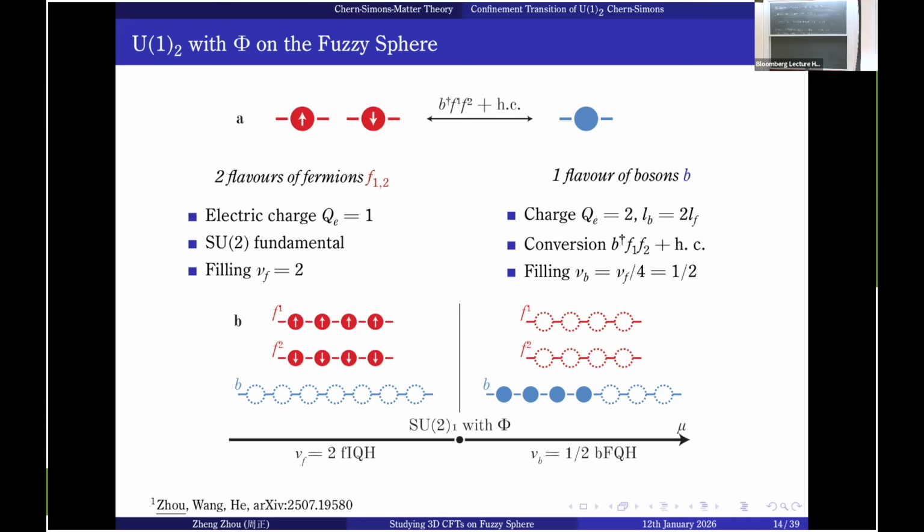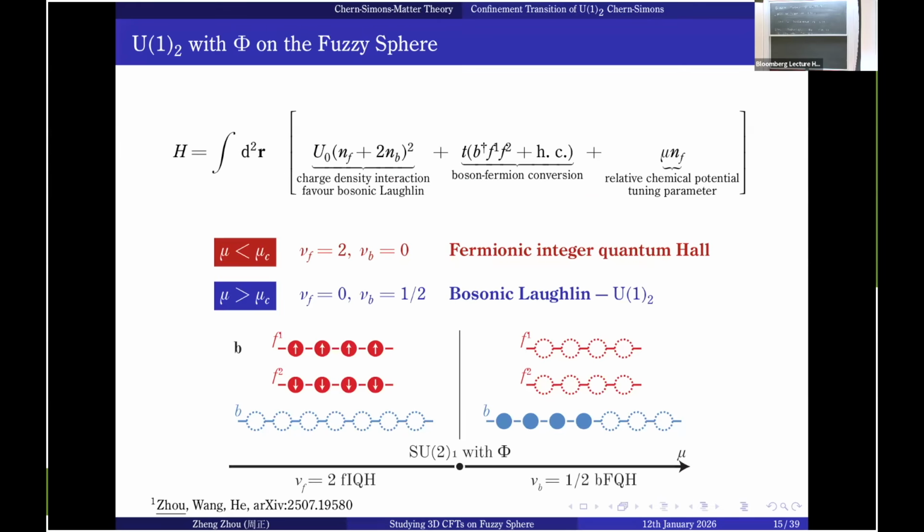In this process, the number of orbitals doubles, but the number of particles becomes half, so that the boson filling is 1/4 of the fermion filling, which is 1/2. So on the other side, we can realize the nu equals 1/2 bosonic Laughlin state, described by a U(1) level 2 Chern-Simons.